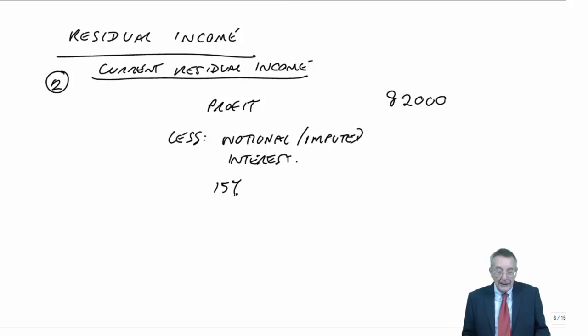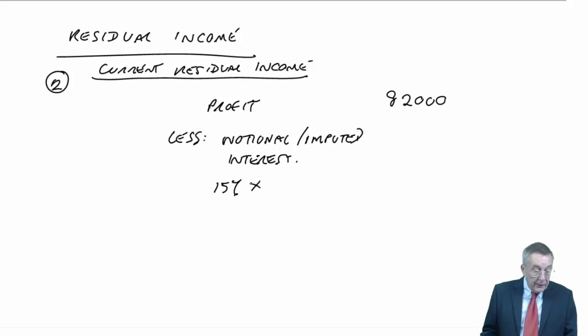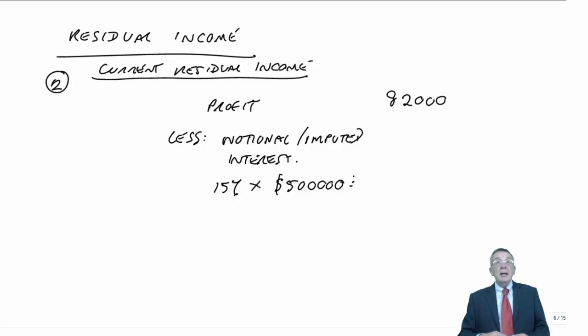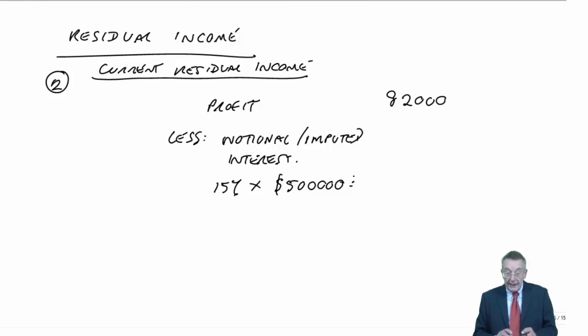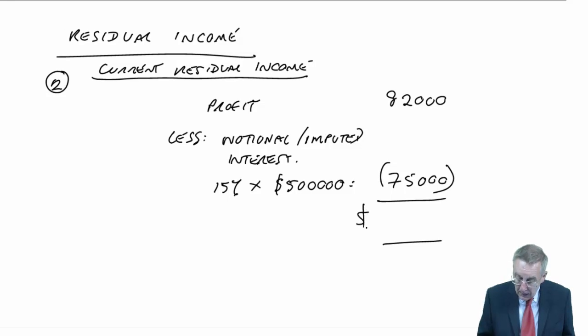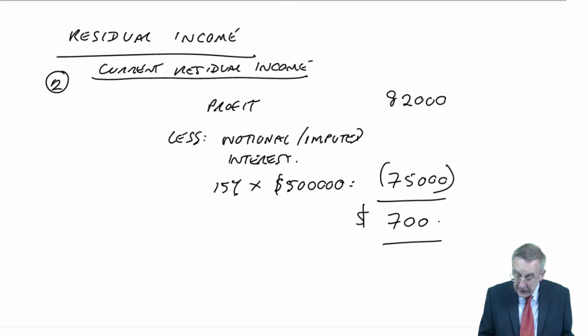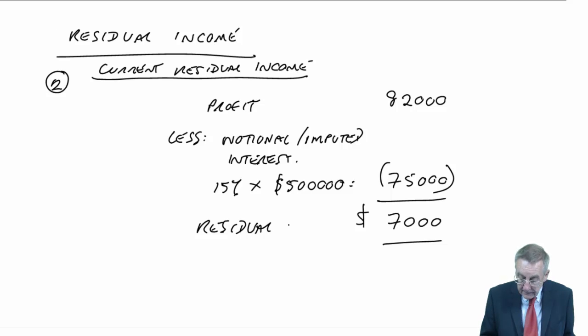Notional means pretend. And we apply that to the capital employed. Without the new project, there's investment of 500,000. And so when I come to measure how well he's doing, I subtract 75,000. And the difference, the 7,000 that's left, is the residual income.